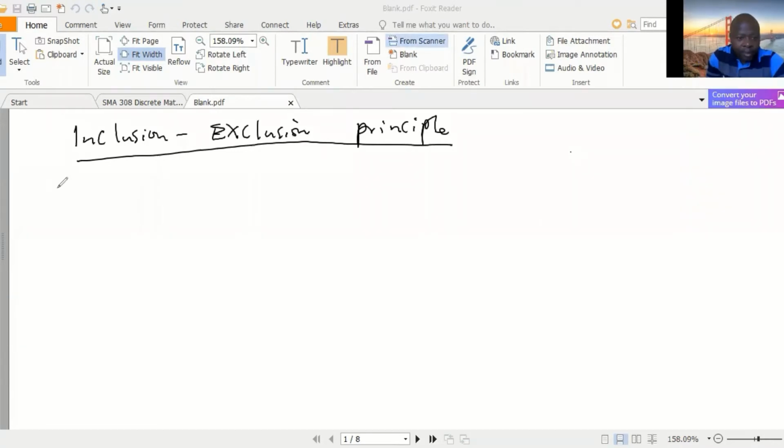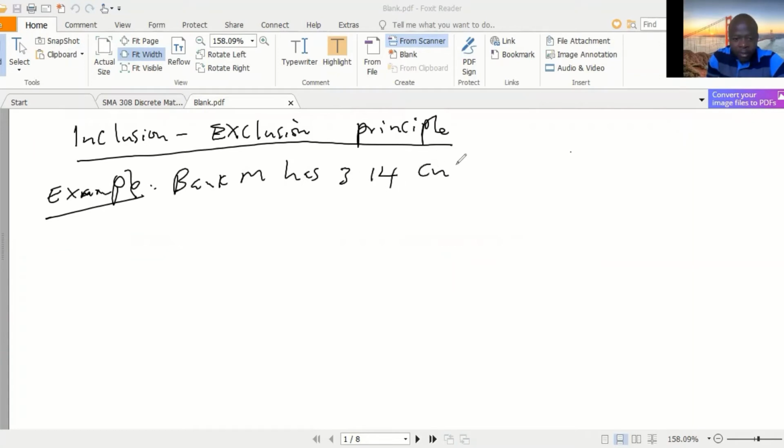The example says Bank M has 314 customers.